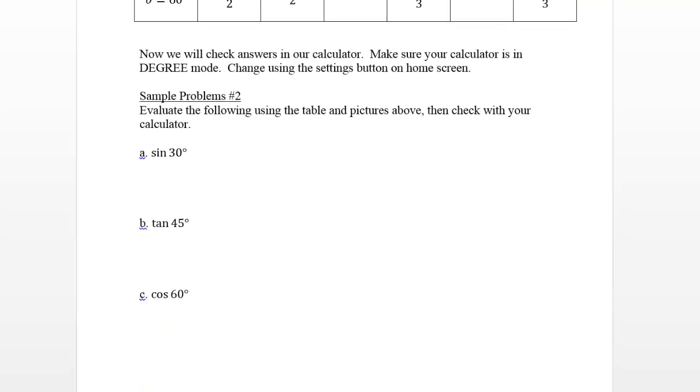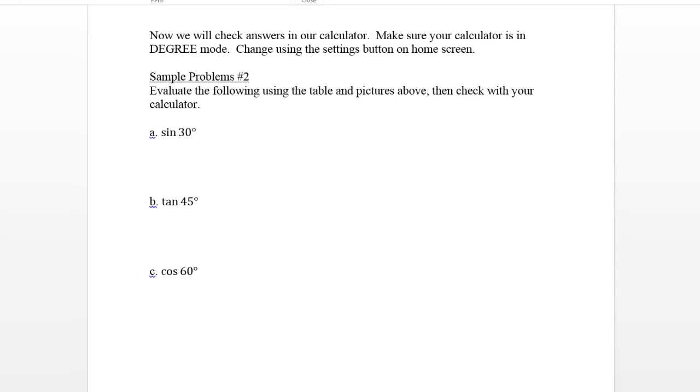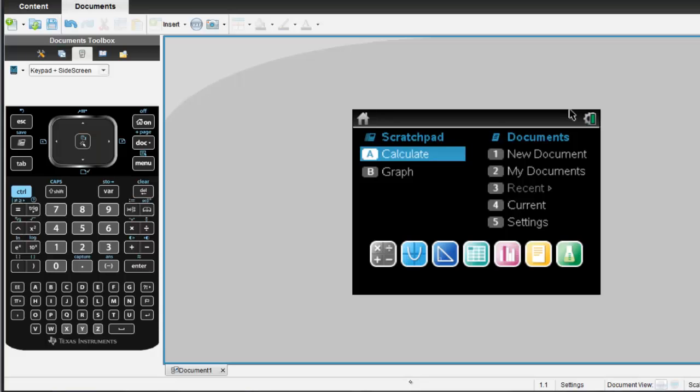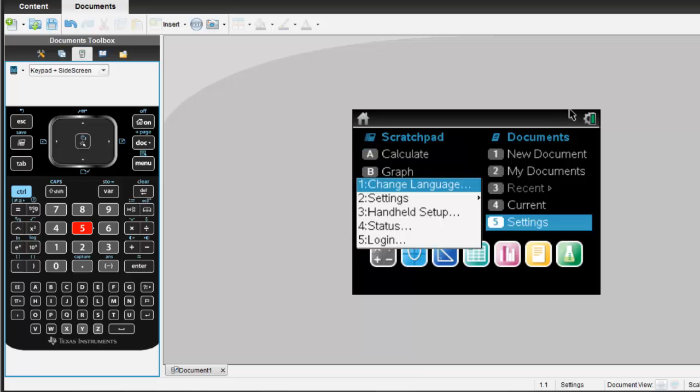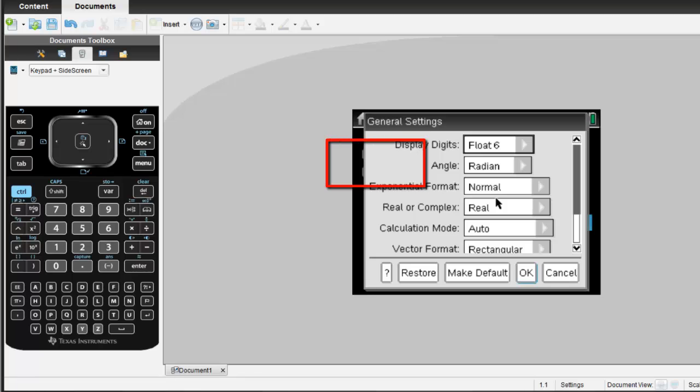Now before we start, we have to make sure that our calculator is in degree mode. So let's take a quick look at our calculator. If you look at the home screen of your calculator, you see number 5 says settings. So if you hit settings, I want to change the general settings here. And if you look, the second one says my angle is in radian measure.